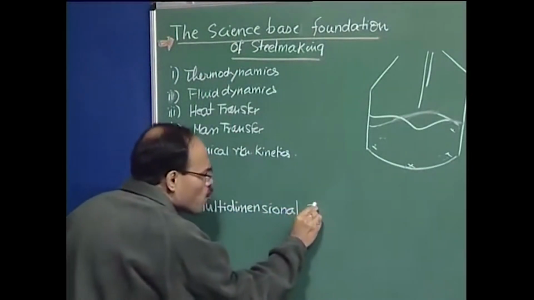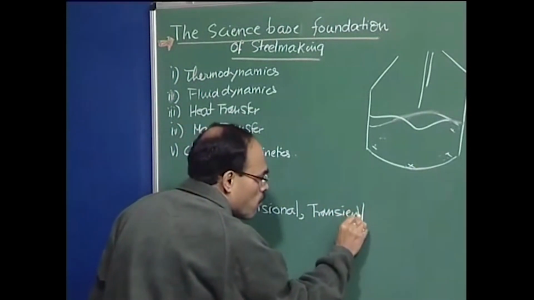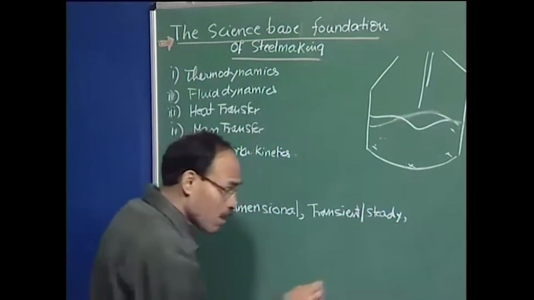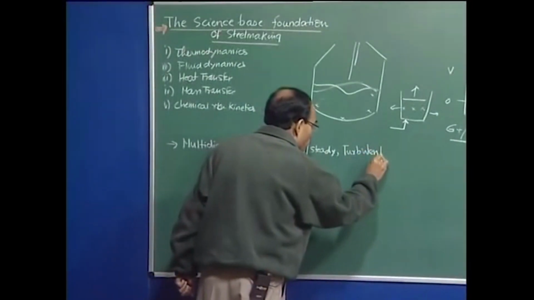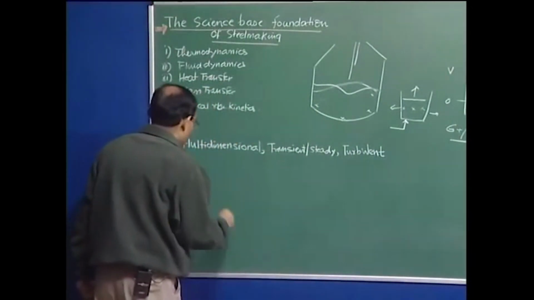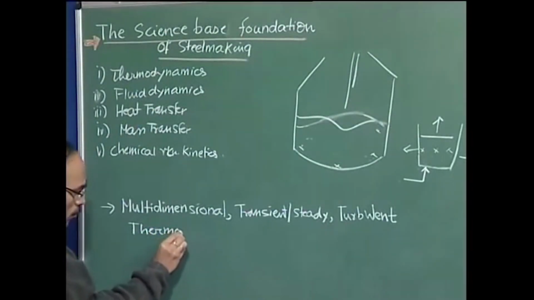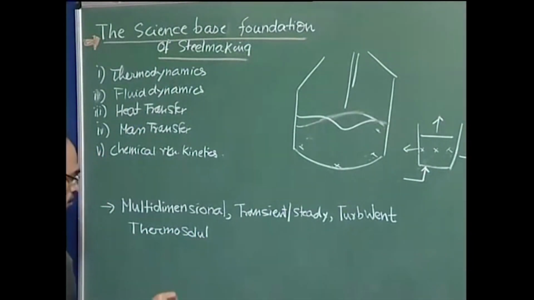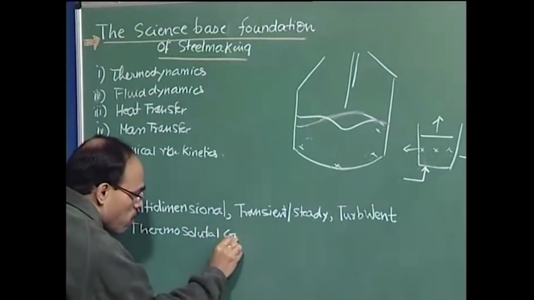Steel making flows could be transient or steady. They are invariably turbulent. Free convection, or I will say thermosolutal convection, is important.